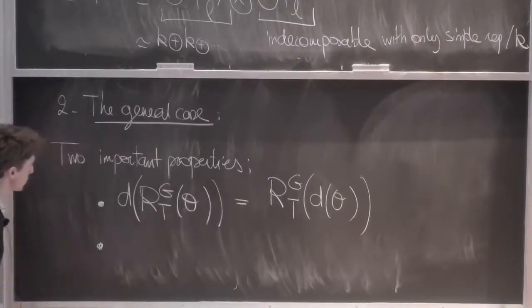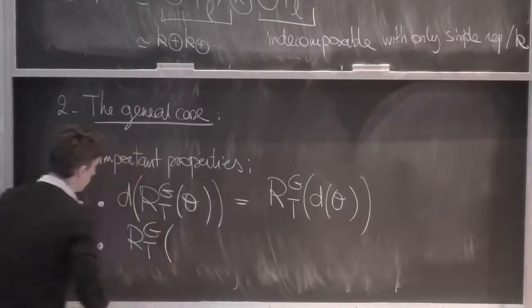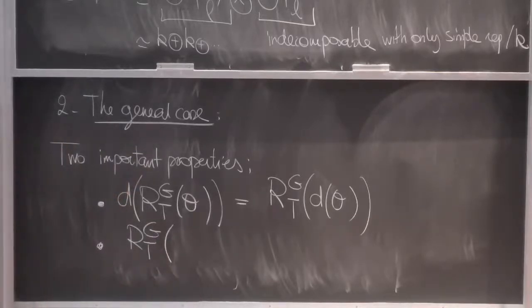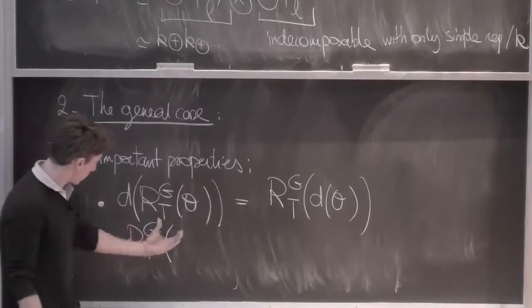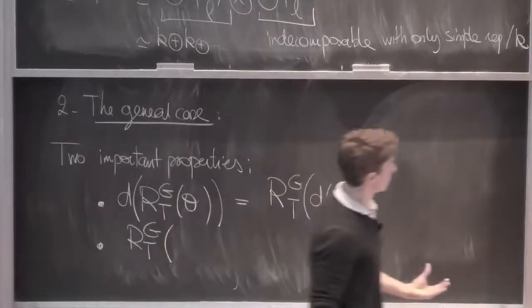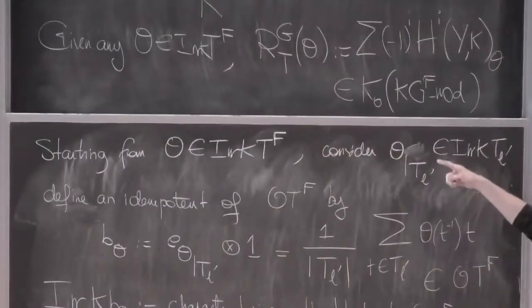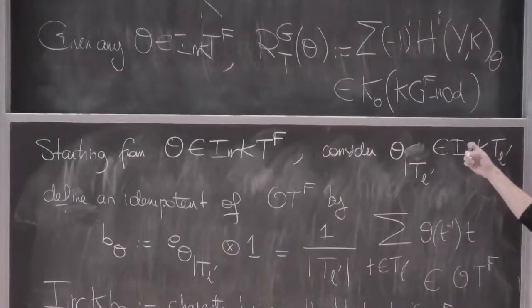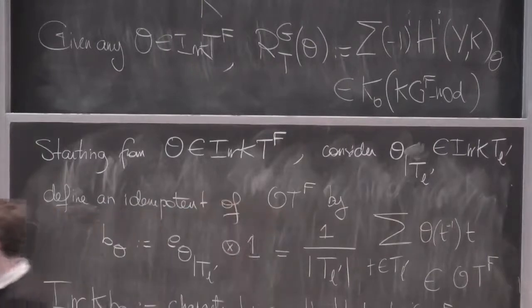And the second property, which is kind of dual, which I will use later, is that for that construction, you have to apply it to some irreducible character. But you could do it for any representation. For example, a projective representation.